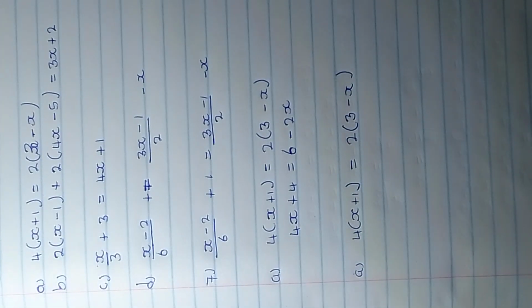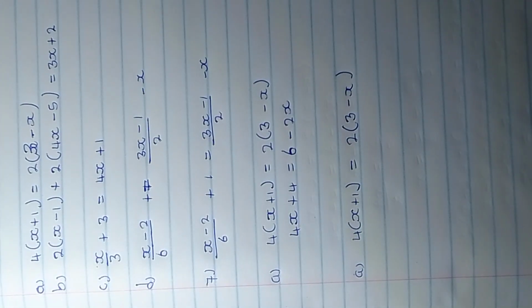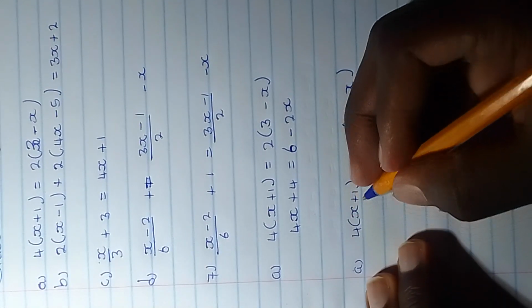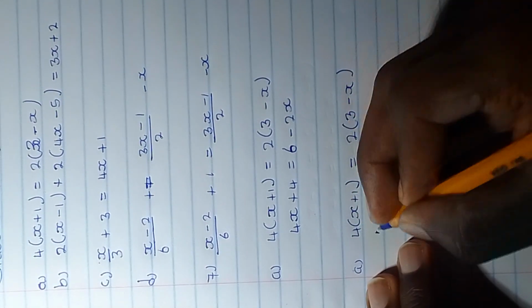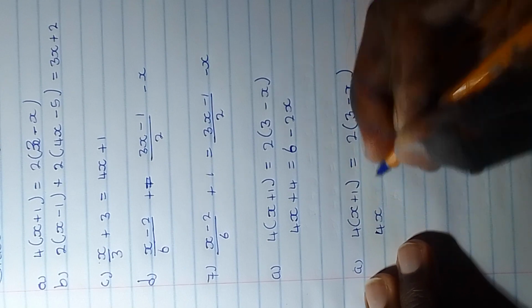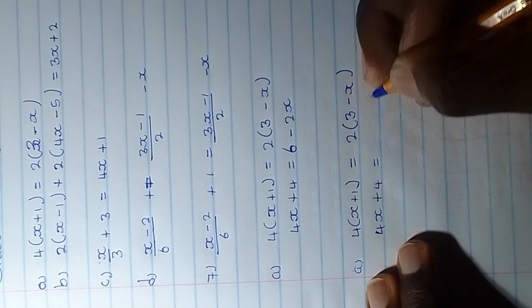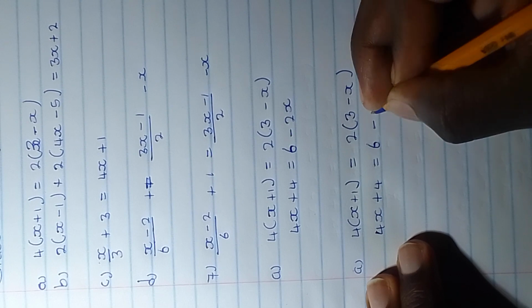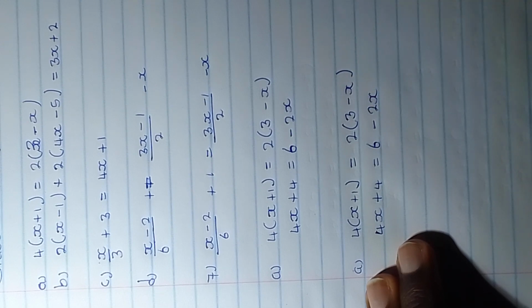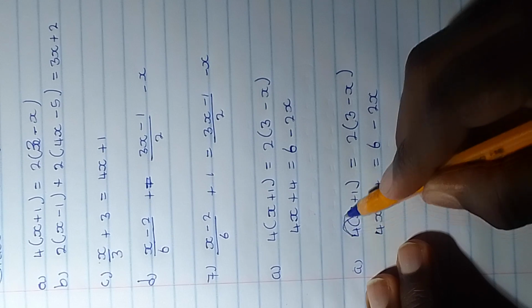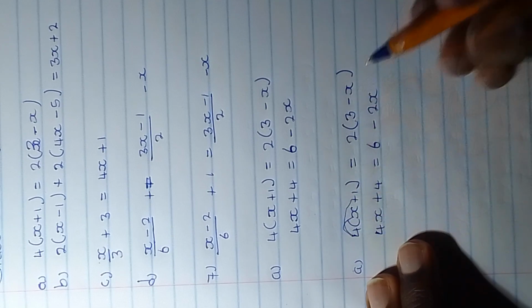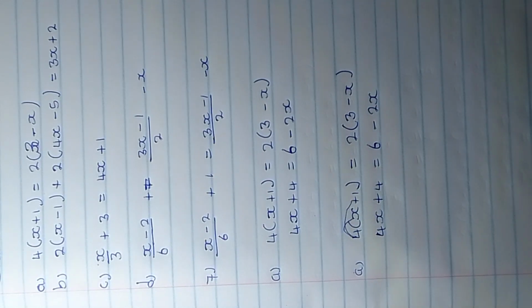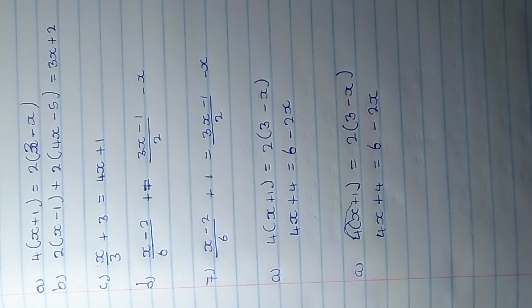From there you remove both brackets on both sides by following the bottommost rule. 4 times x is 4x, 4 times 1 is 4, equals 2 times 3, which is 6, 2 times negative x, which is negative 2x. We are just multiplying like this, and then you group the like terms, numbers which have x and numbers which do not have x.